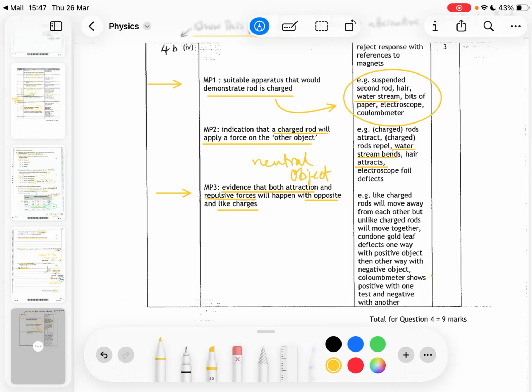You could also use a Coulomb meter, which is what they were using to get the answers in nanocoulombs, yeah? So there are different ways of doing it, but my method is the standard method, okay?